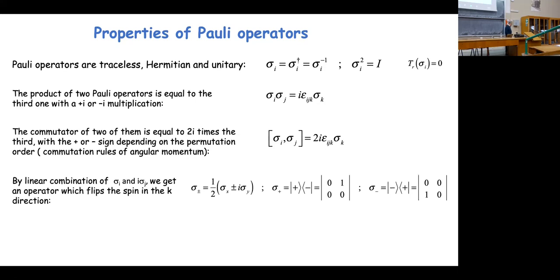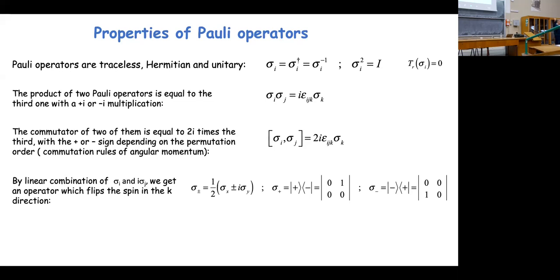Another interesting property: if you make the combination sigma x plus or minus i sigma y, you can verify very easily that sigma x plus i sigma y gives you this matrix 0, 1, 0, 0. And this is a matrix which takes the minus spin along OZ and transforms it into the plus one.